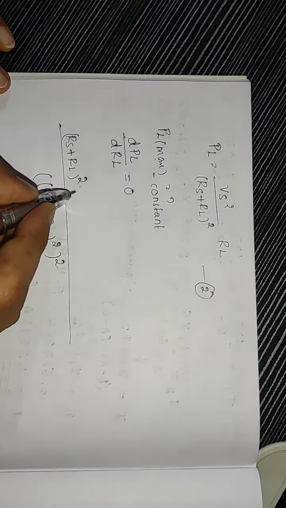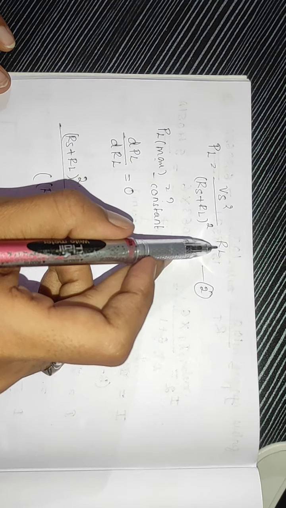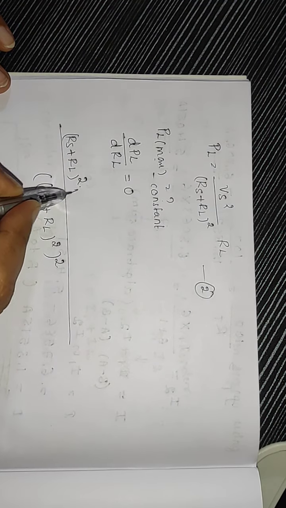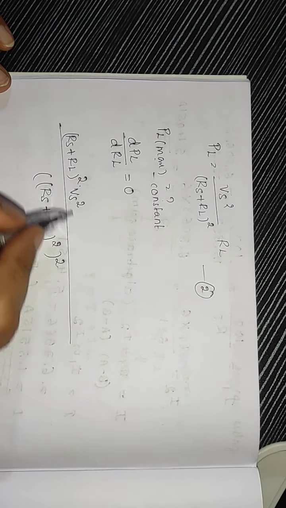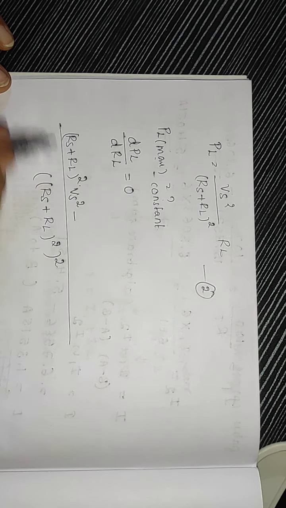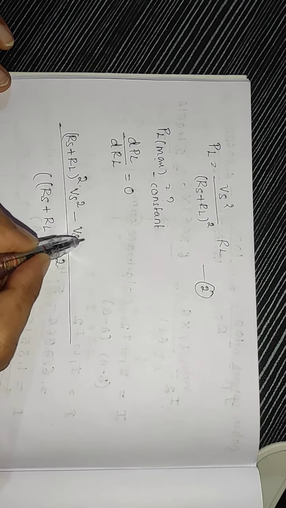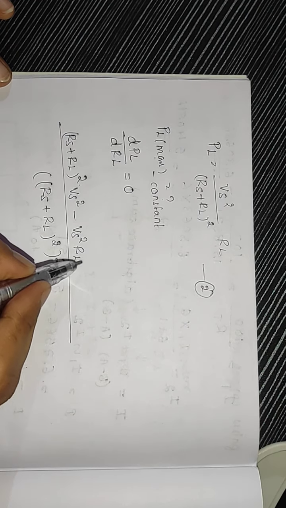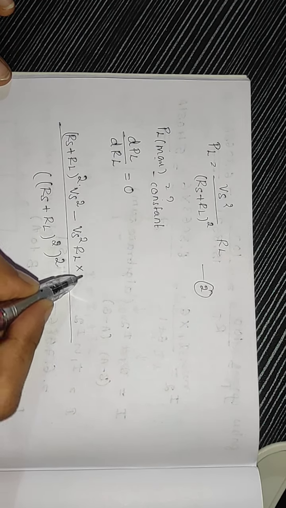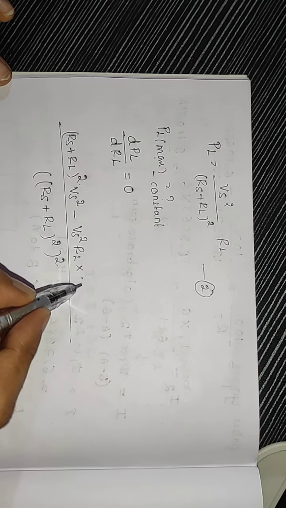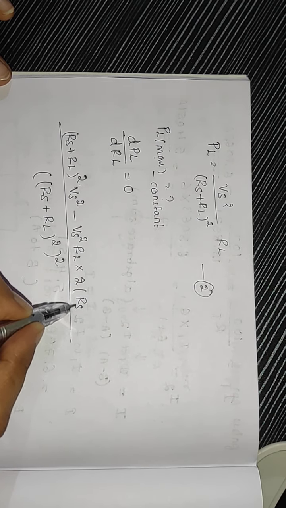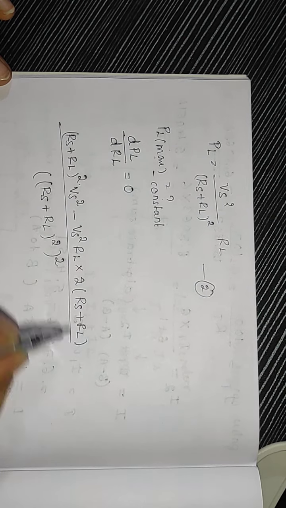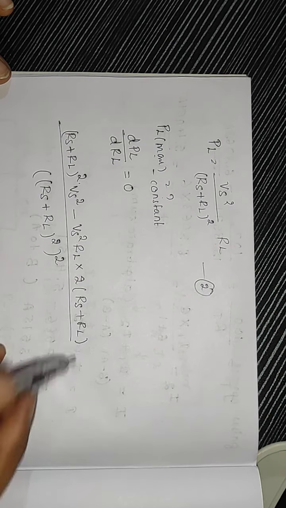Here differentiating with respect to RL, so remaining VS square. Next minus, so numerator VS square into RL constant, so differentiate the denominator: here 2 into (RS plus RL), again differentiating RL, that is equal to 1, right?